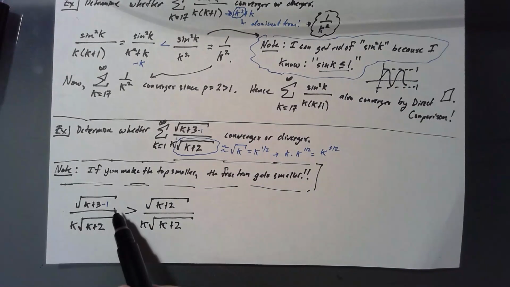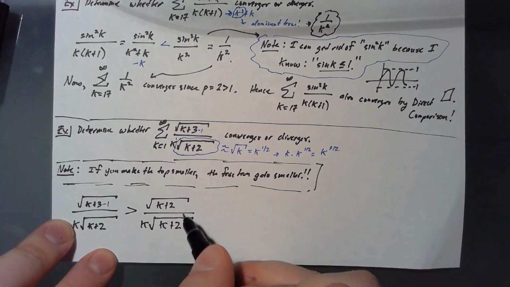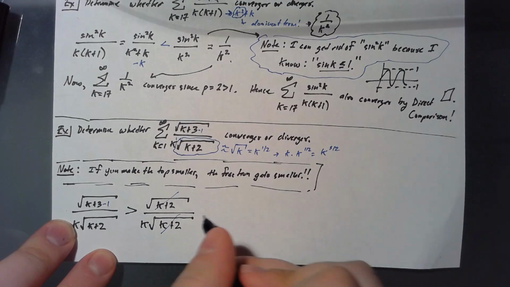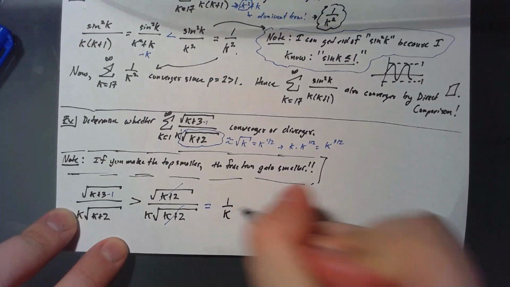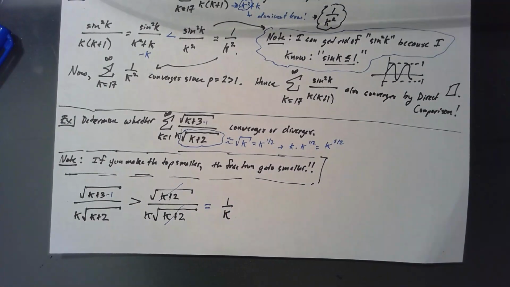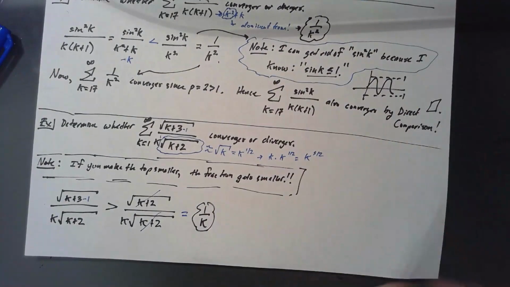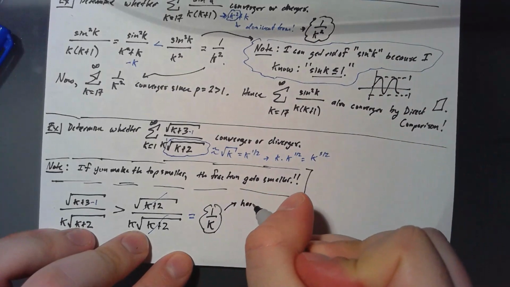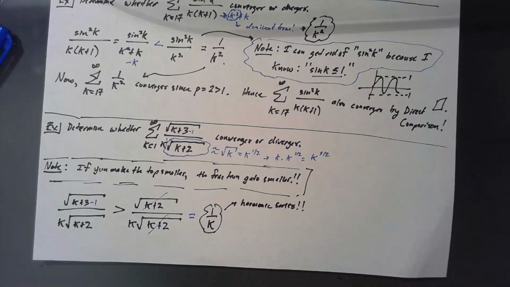If you make the top smaller, the fraction gets smaller. The whole reason for doing this is that this is going to cancel out with this, and now I'm going to get 1 over k. What's 1 over k? That's a harmonic series. So that's pretty nice.